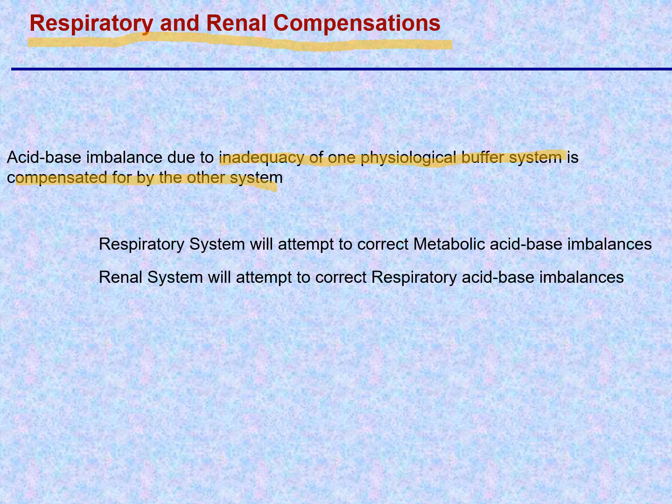So the respiratory system will attempt to correct metabolic imbalances, and respiratory imbalances will be corrected, or attempted to be corrected, by the renal system. So renal will correct respiratory, and respiratory will correct metabolic imbalances.